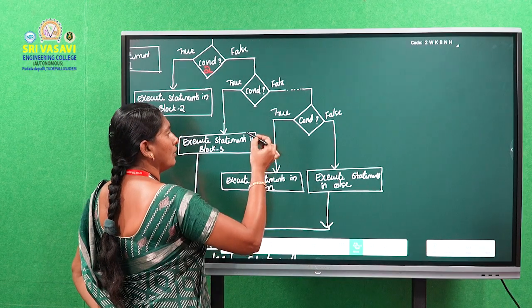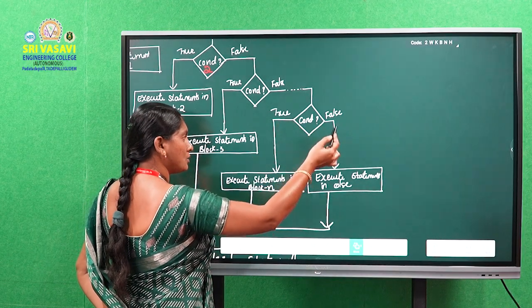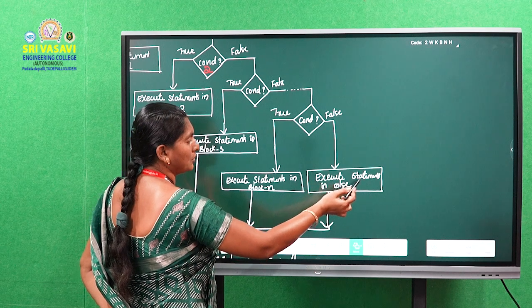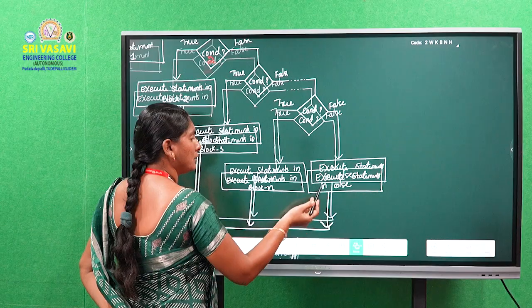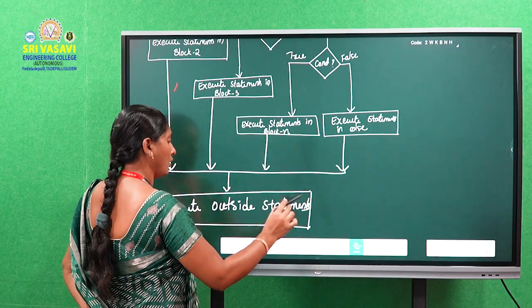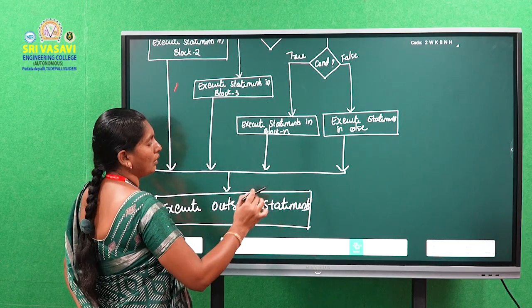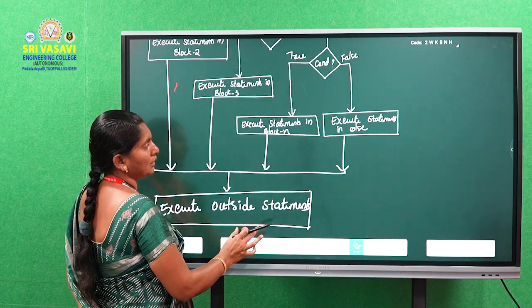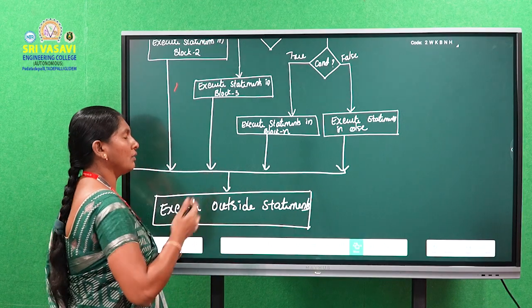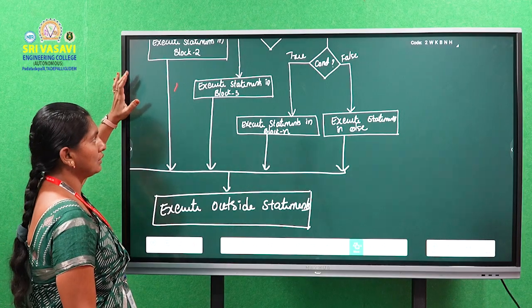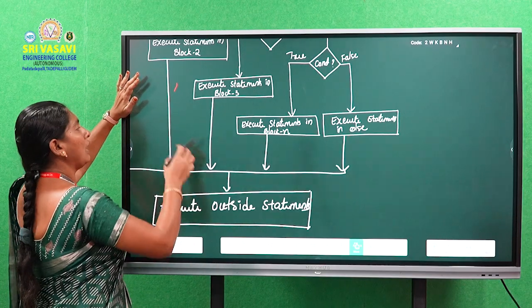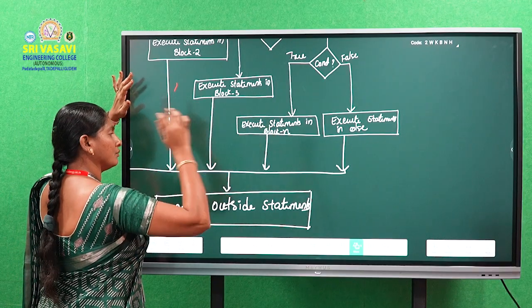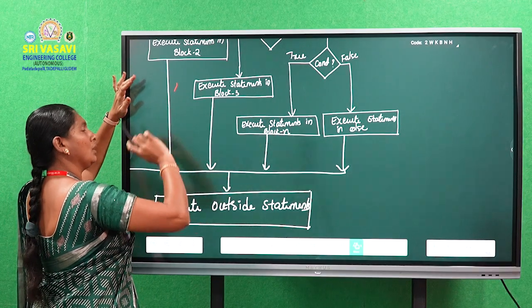Suppose the last condition is also false, then we will simply execute the statements in else. After executing the statements in else, again it will come outside of the block and execute the statements outside that block.